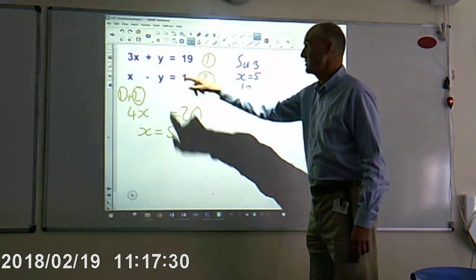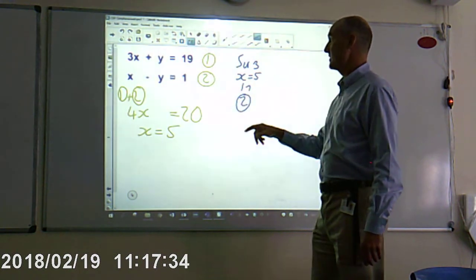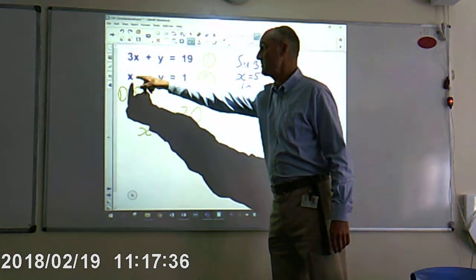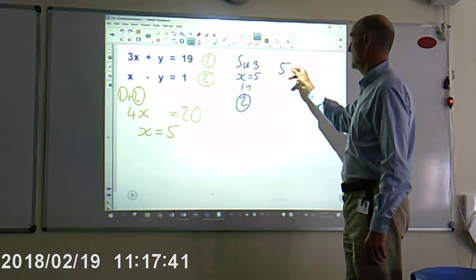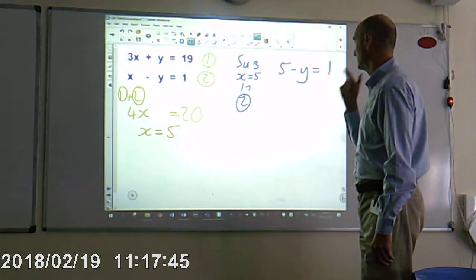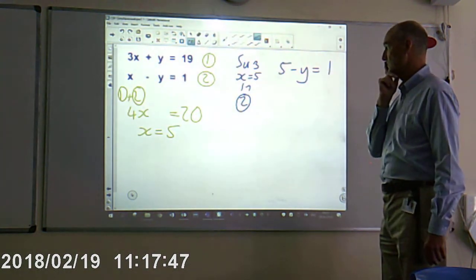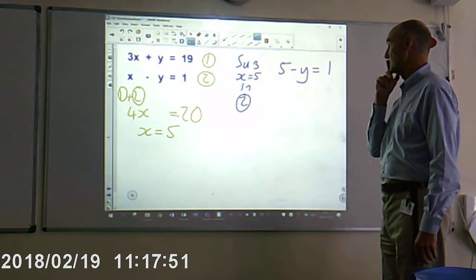Equation 2 is a nice little simple equation, not many numbers in that. So if we substitute a value of x of 5, so that means 5 minus y equals 1. Okay? We're trying to find the value of y. That's something we can do.